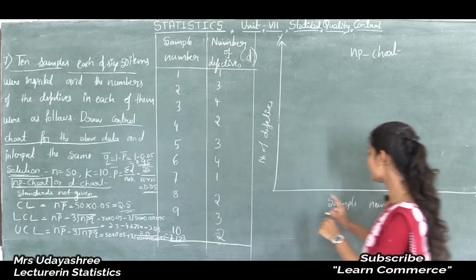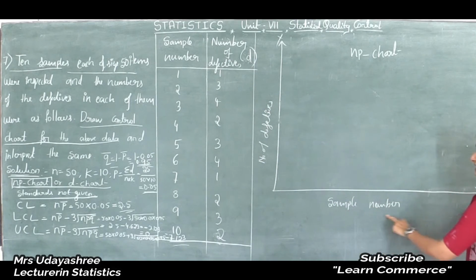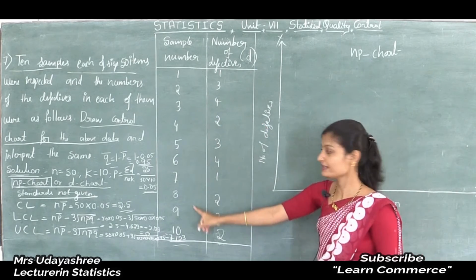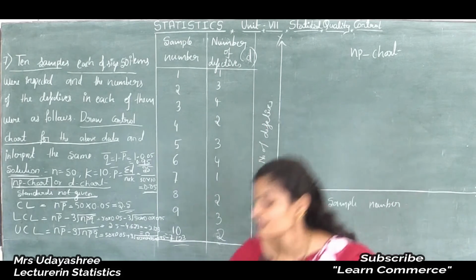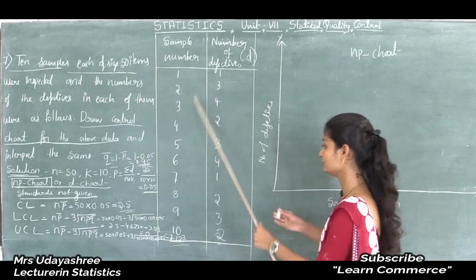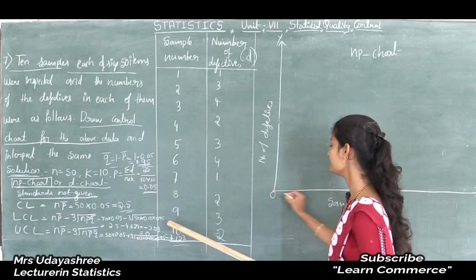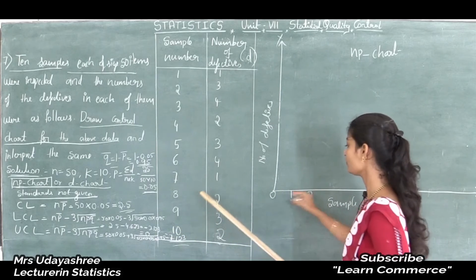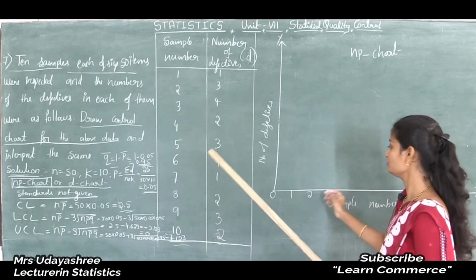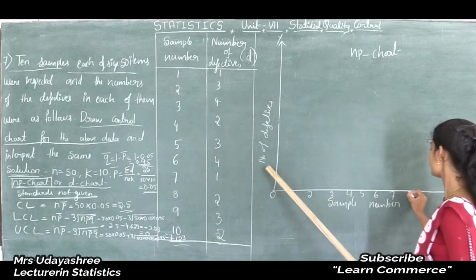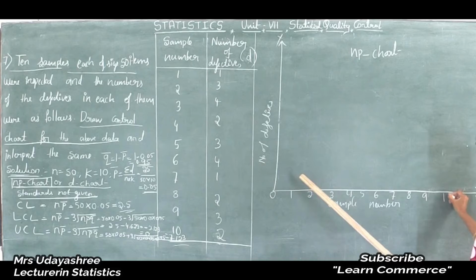Sample numbers are like this, 1, 2, 3, 4, 5, 6, 7, 8, 9, 10. So I will write 0, 1, here the origin is 0, then 1, 2, 3, 4, 5, 6, 7, 8, 9 and 10.